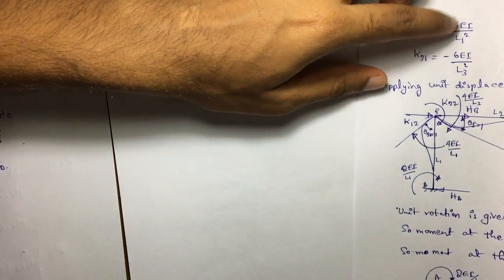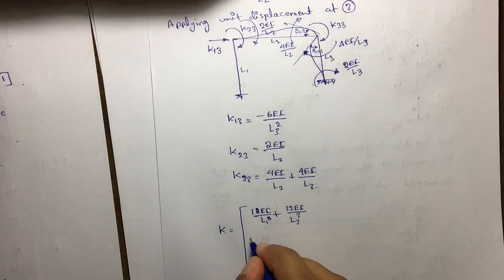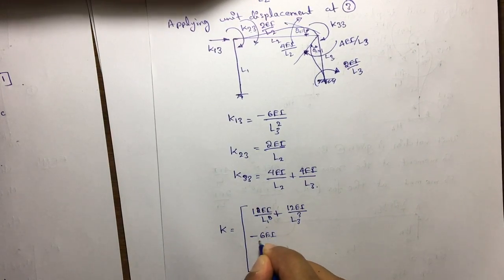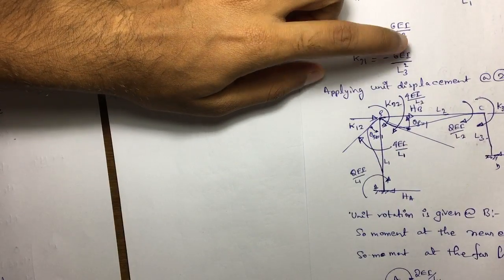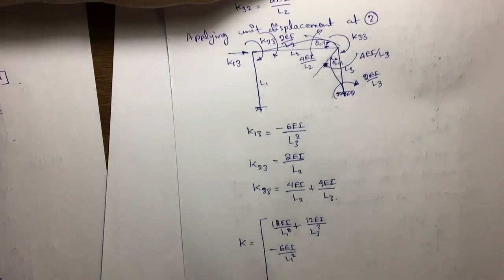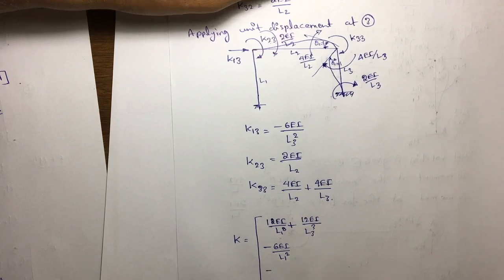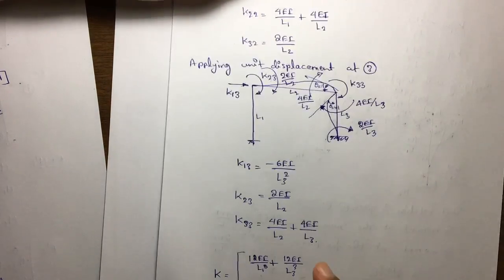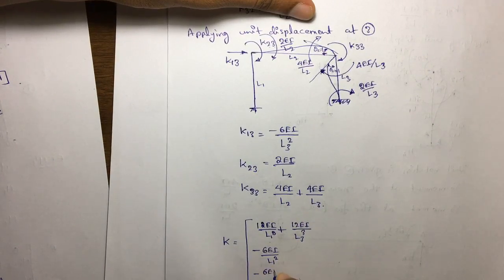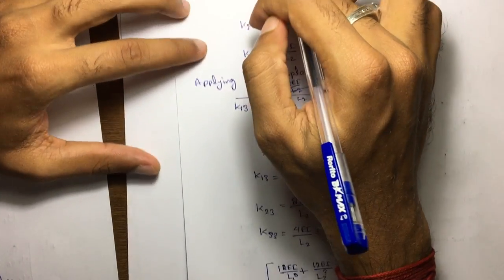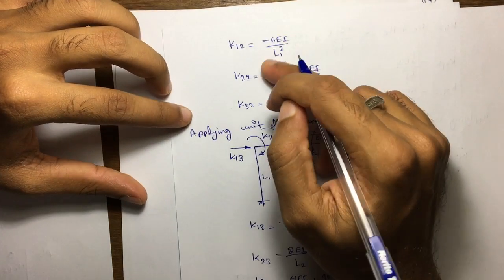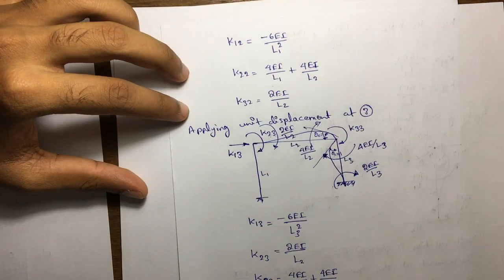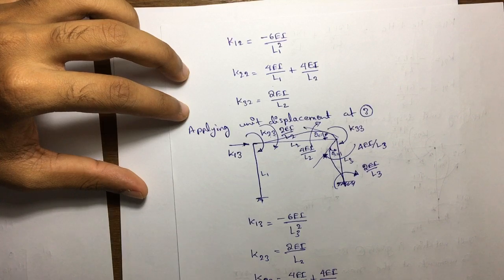Similarly, minus 6EI divided by L1 square, and 6EI divided by L3 square. Similarly, we calculated K12, K22, K33, that is minus 6EI divided by L1 square.